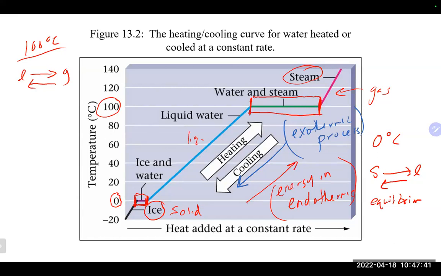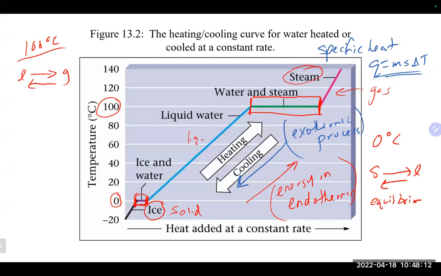Now, when we look at this curve, we also could apply something that we learned about in an earlier chapter, which was specific heat. Specific heat, which is Q equals m s delta T. We use specific heat when we are talking about how much energy is involved in a process where something changes temperature but remains in the same phase.